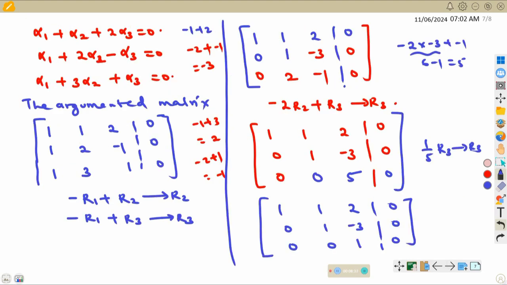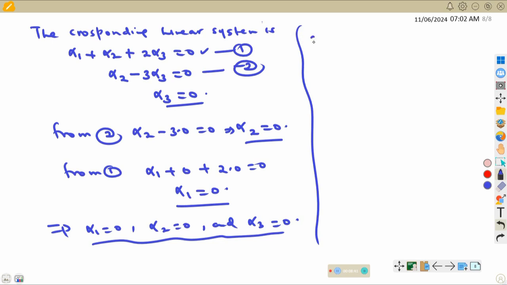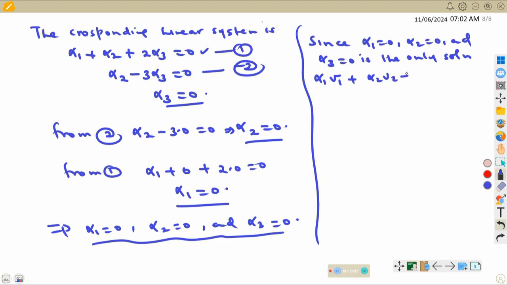So we shall give the conclusion that since alpha 1 is equal to 0, alpha 2 is equal to 0, and alpha 3 is equal to 0, is the only solution to the linear combination, that is alpha 1 v1 plus alpha 2 v2 plus alpha 3 v3 equaling to 0, then it implies that v1, v2, and v3 are linearly independent vectors.